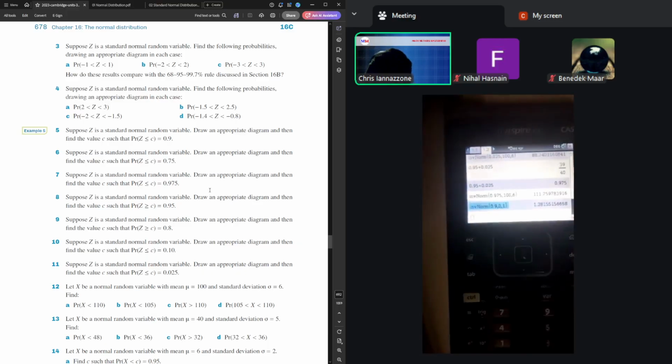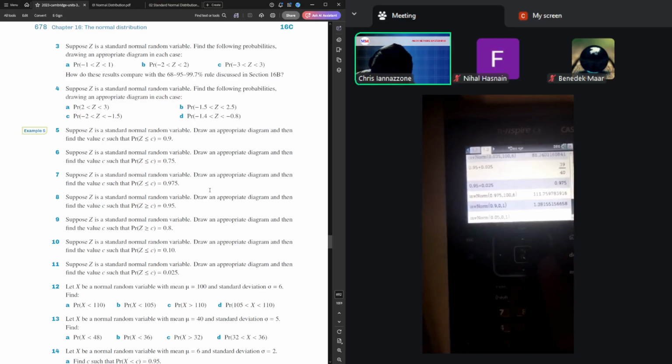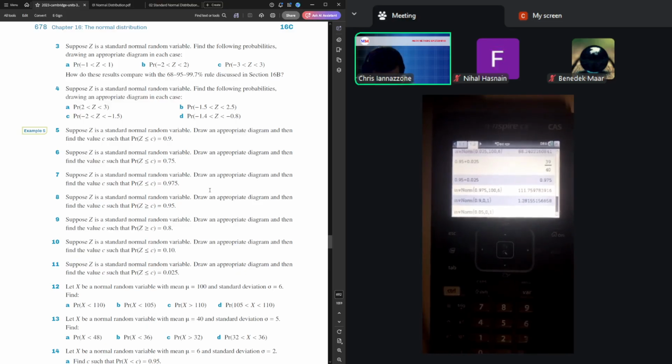If you do a bunch of inverse normals, all you really need to do is rip the same syntax down and then just replace the starting value with the area. That's what the first thing is, area. Next one is the mean, next one is the standard deviation. Since we're still working with Z, we can just leave those as is. Mean of 0, standard deviation 1. What comes out is a negative value, which makes a lot of sense.